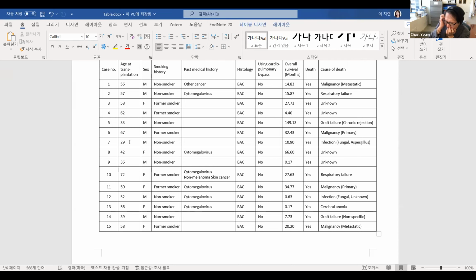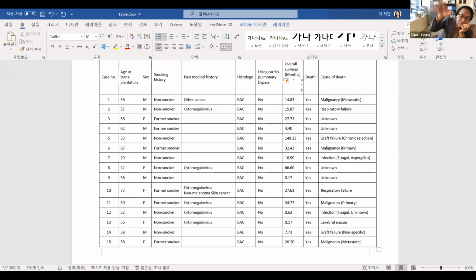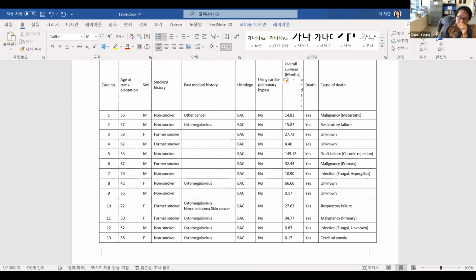I feel like we can put them in order. With ABC order, or longer time frame overall survival. Yeah, I think we can put them from the highest to the lowest overall survival, so that people can see the pattern.